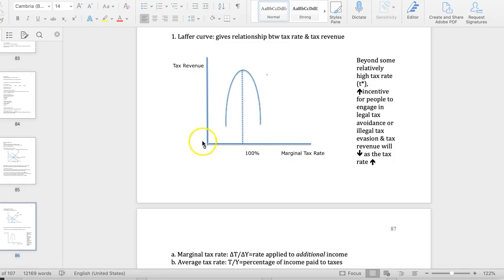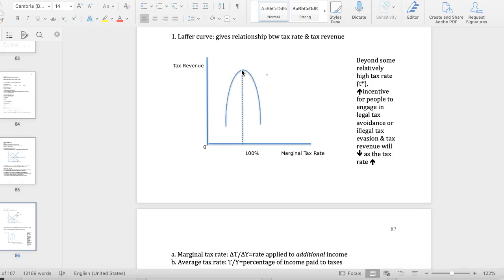And the tax revenue is the amount of revenue that goes to the government from the taxes. So at every point here, you could see as the marginal tax rate increases, the tax revenue also increases. If you were here, you'd be making this much. If it's raised to here, the government would be collecting this much.